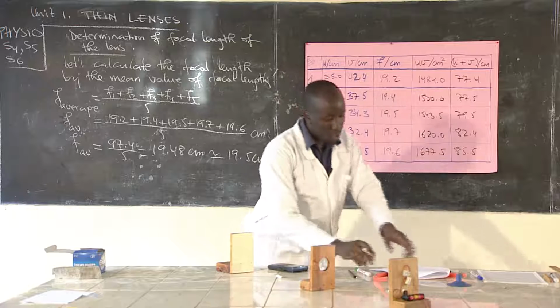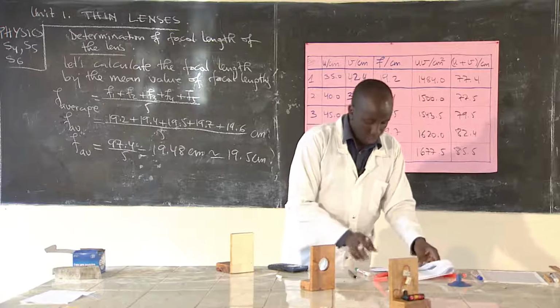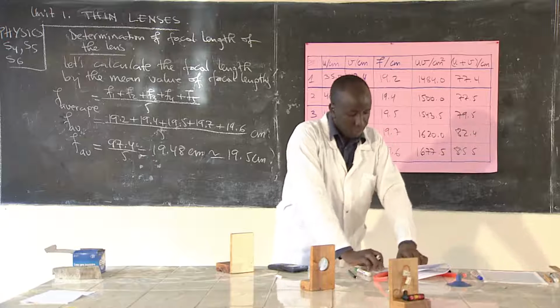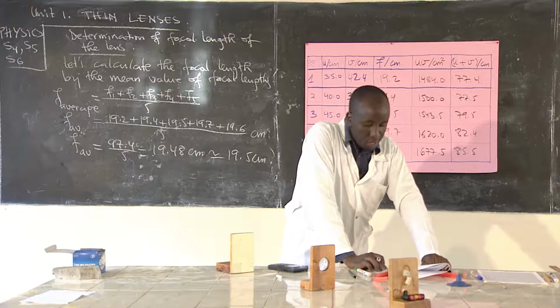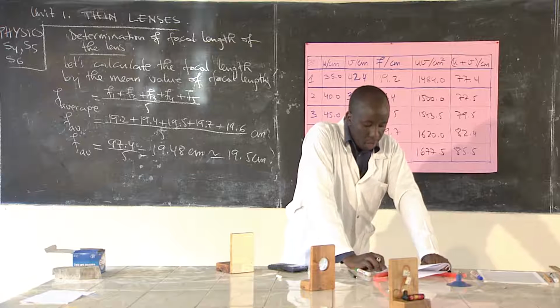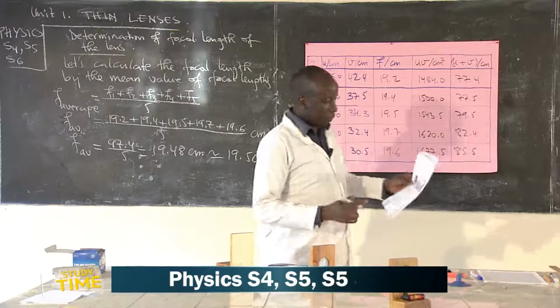From the table, there were steps that we followed. First of all, the last time, we placed the metal ruler on the table and fixed the light source assembly.